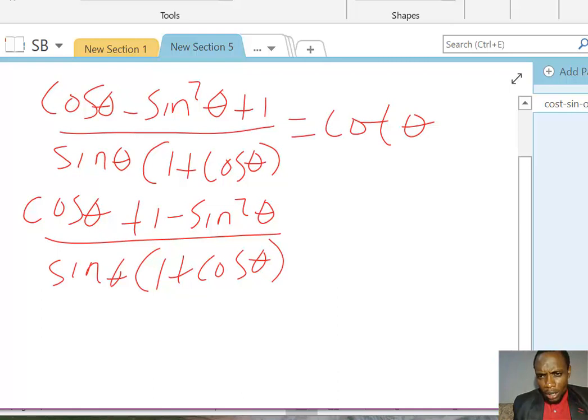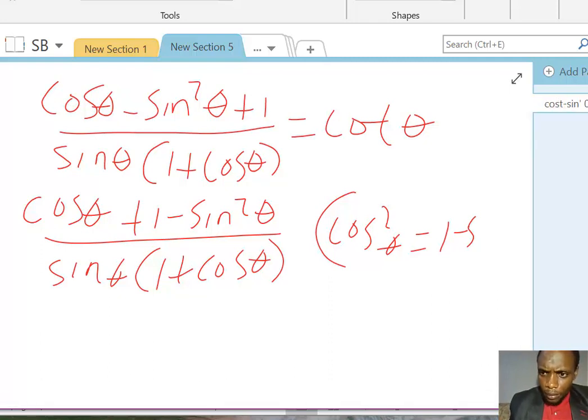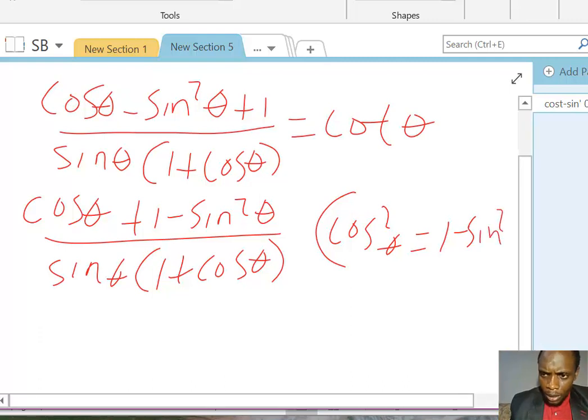If you recall, just now we have that sin square theta plus cos square theta is equal to 1. So we can have that cos square theta is equal to 1 minus sin square theta. So we can substitute cos square theta here.